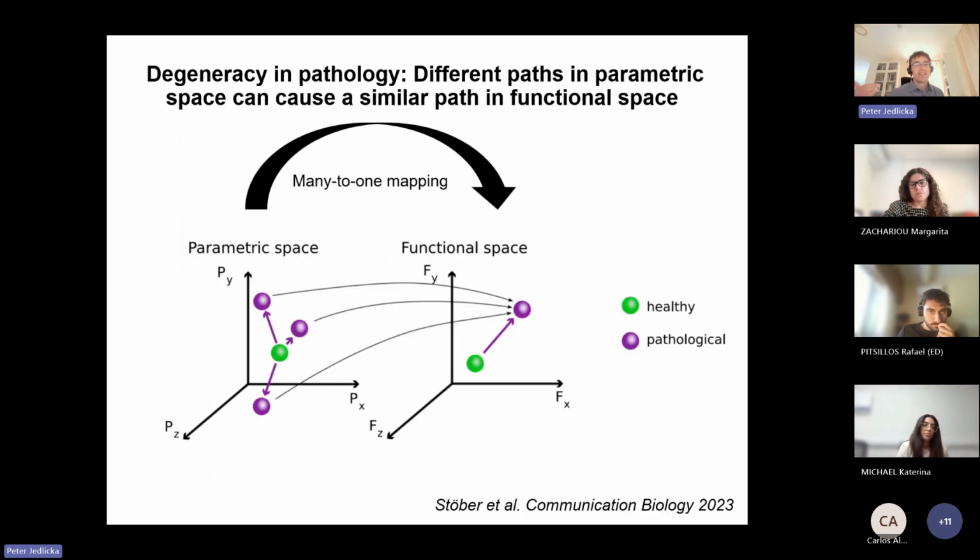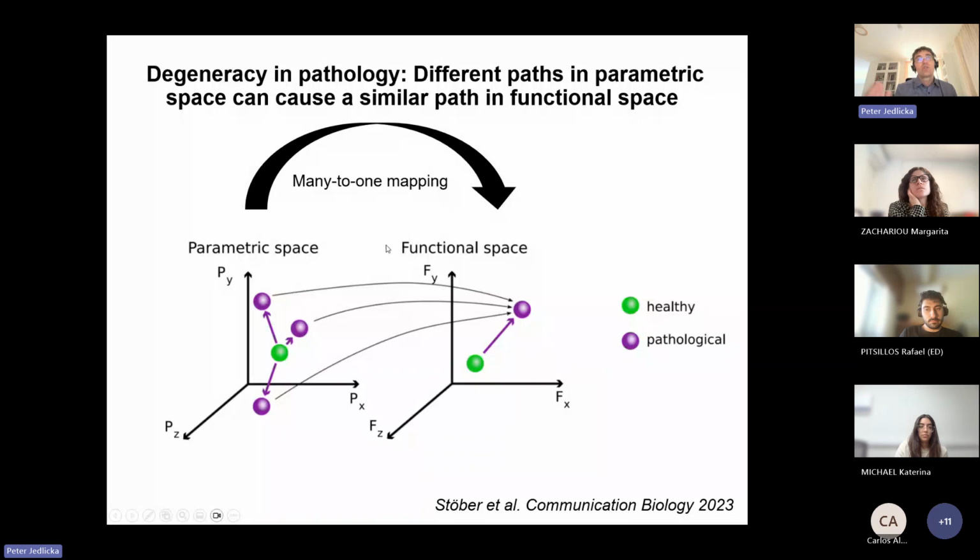One side remark is that you could apply these concepts also to pathology, right? You could see a system, for example, a circuit in an animal or in a patient, that would go from the healthy space into pathological space. And maybe it is the case that there are multiple routes or multiple paths to get from a healthy state to a similar pathological state.